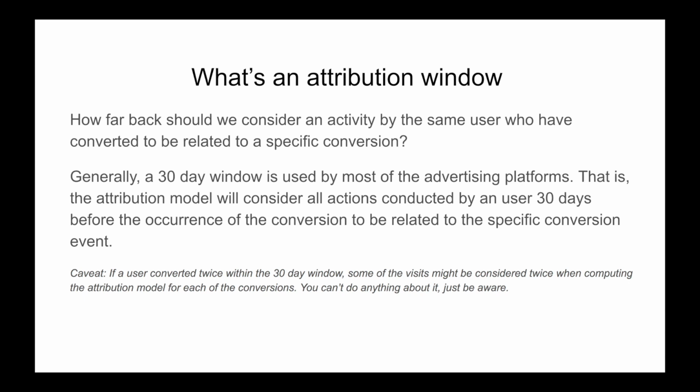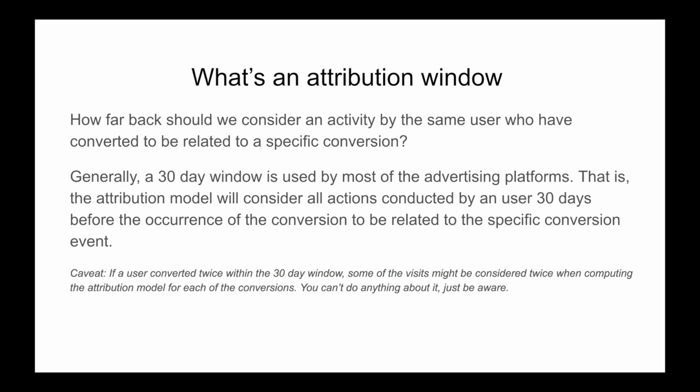Another key element of an attribution model is the attribution window. You see this a lot when you're configuring Google Ads. Facebook, by default, has a 30-day attribution window. This is how far back we want to consider the activity of your users to be related to the conversion.